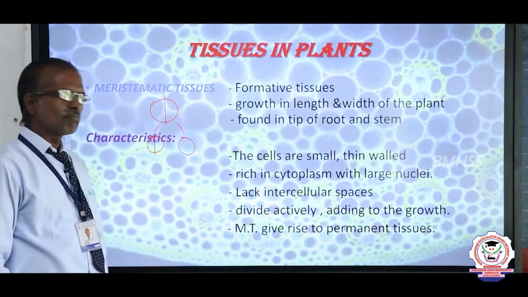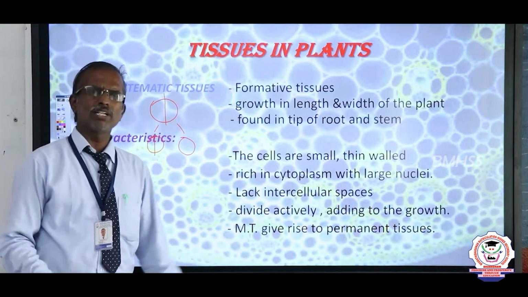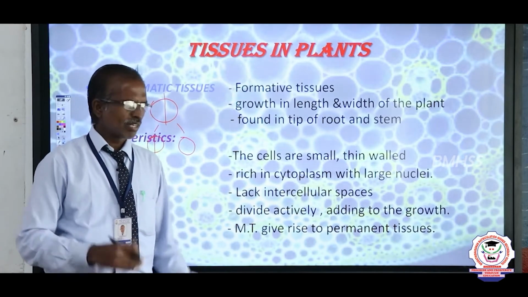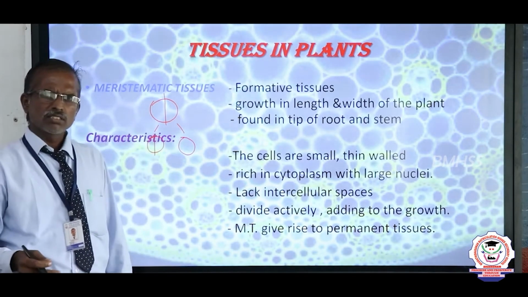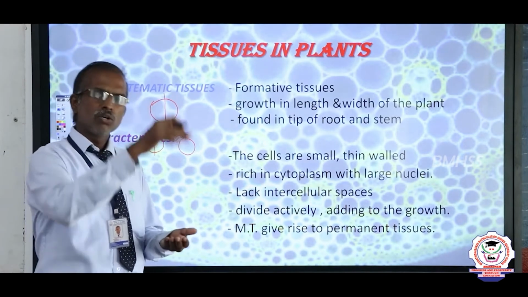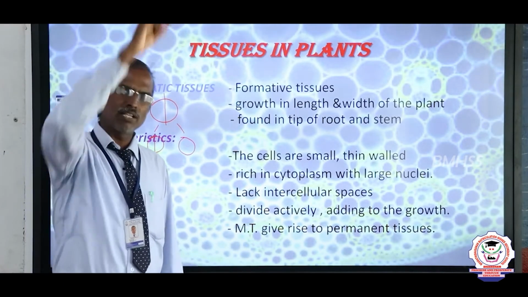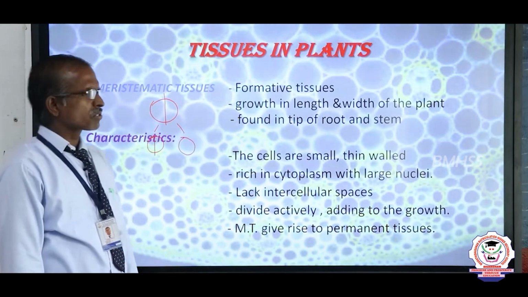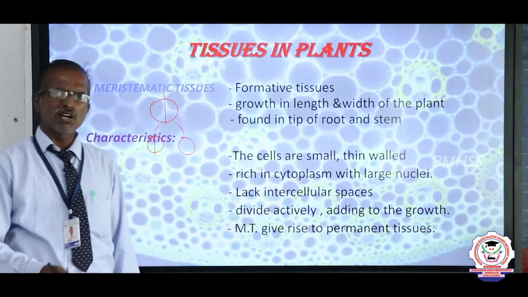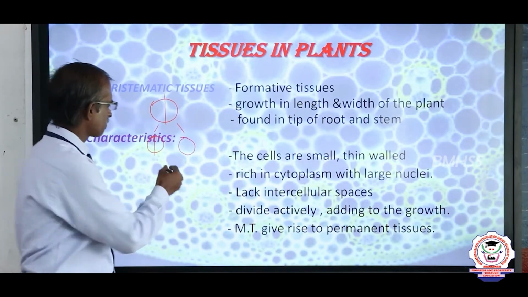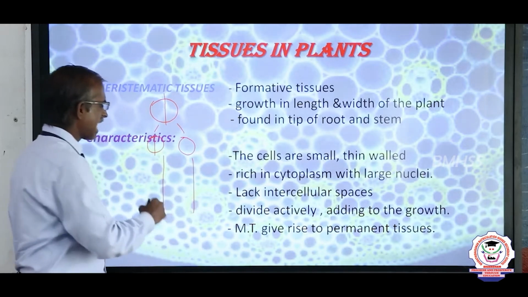These tissues are mainly found in the growing regions of the plant. What is meant by growing region? Where does growth occur in the plant? The tip of the root and the tip of the stem. Growth also occurs laterally.